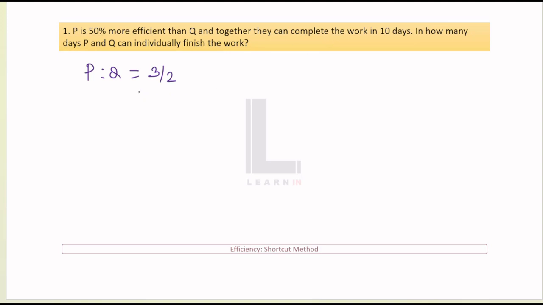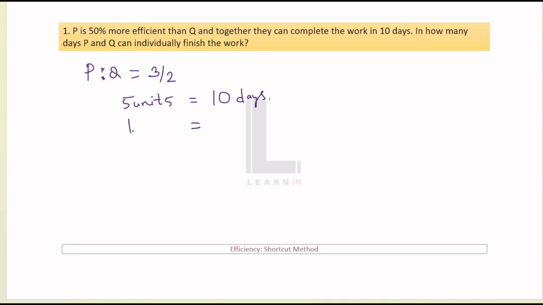Together they were completing the work in 10 days. So what could we have done? Let us add these all. 5 units of work is done in 10 days.